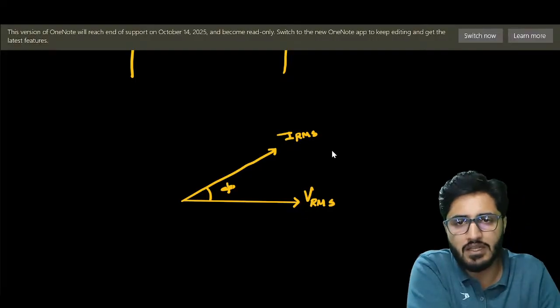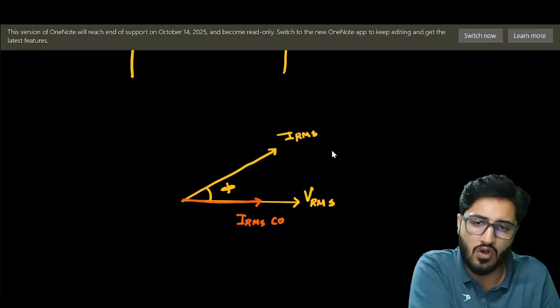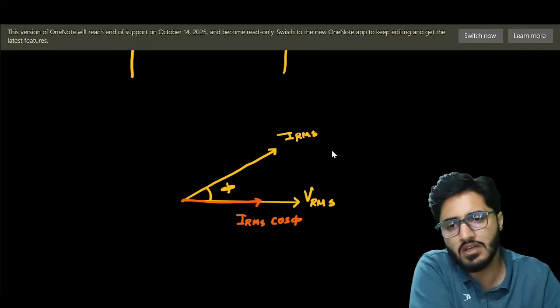If we apply vectors here, we will have one component along this one, IRMS cos phi. One component will be perpendicular to it.